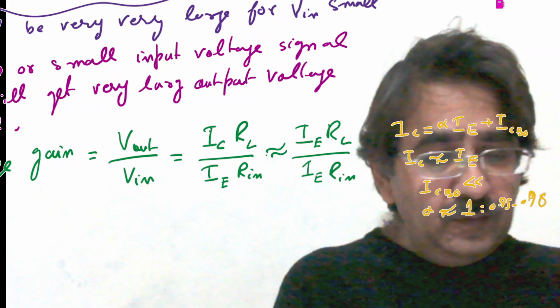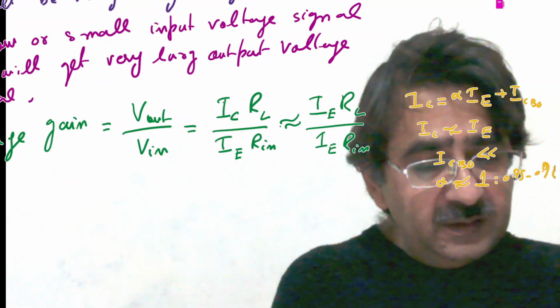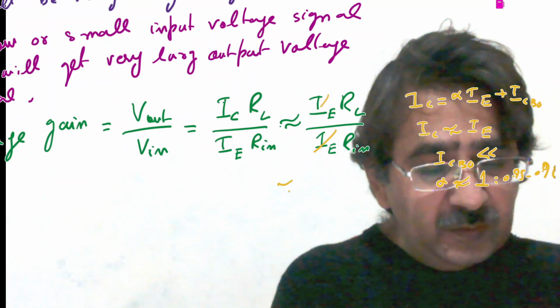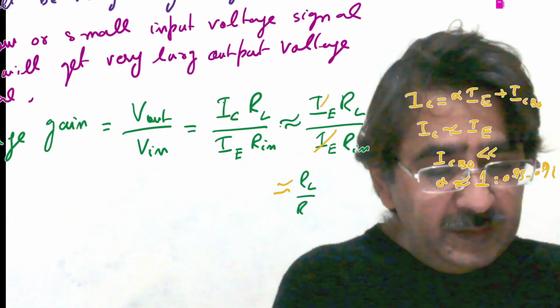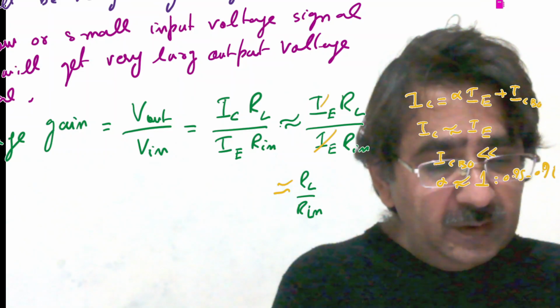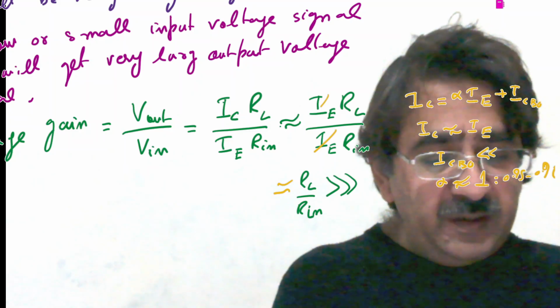So due to this, we may cancel IE with IE. Approximately, this will be equal to RL over R in, and that will be very high because RL is very, very high.